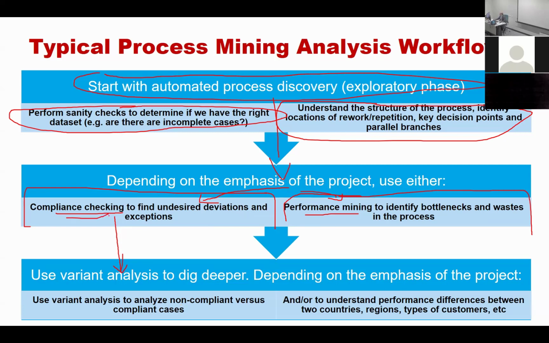If I am doing conformance checking, then I will use variant analysis to analyze non-compliant cases versus compliant cases. If I am using performance mining, then I will follow that up with variant analysis to understand how the performance differs in my process across different countries, different regions, different types of customers, or different types of products.